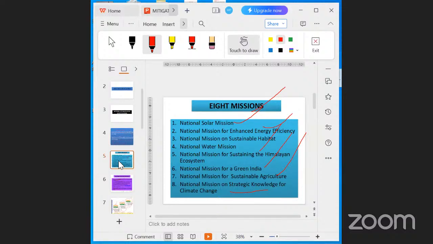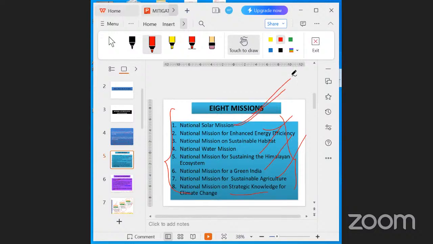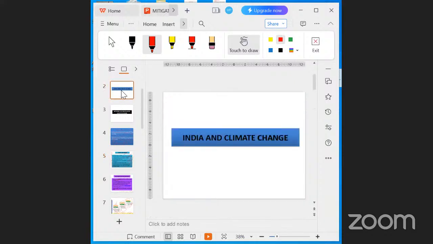Those are the National Solar Mission, National Mission for Enhanced Energy Efficiency, Sustainable Habitat, Water Mission, Sustaining the Himalayan Ecosystem, Green India, Sustainable Agriculture, and also Strategic Knowledge for Climate Change. So you should write these missions under this National Action Plan. Okay.